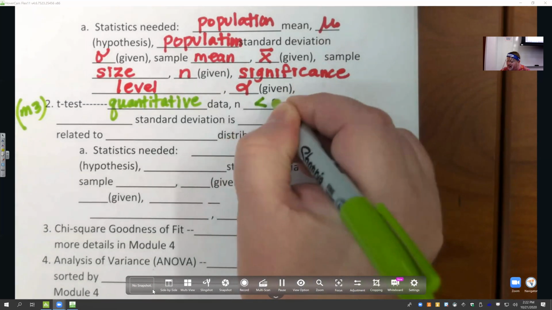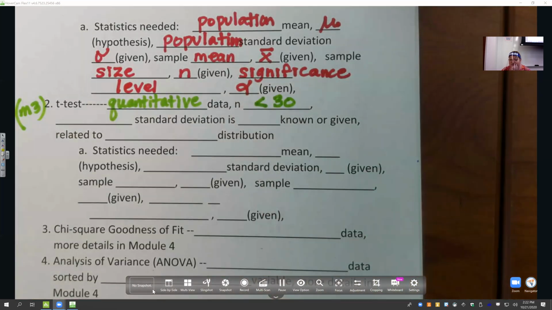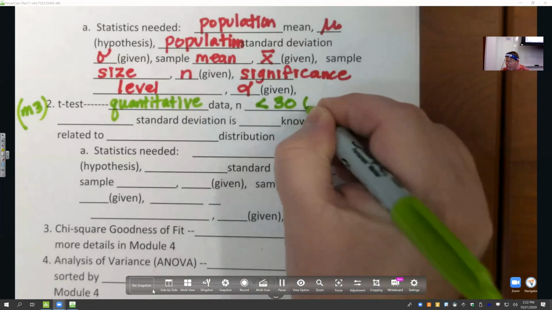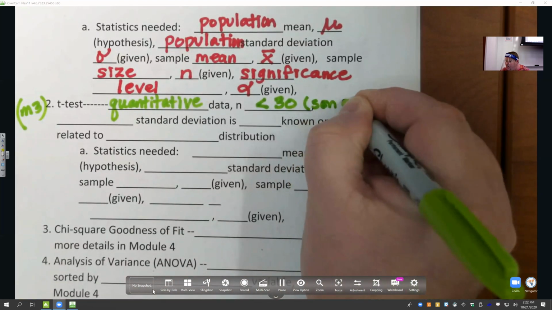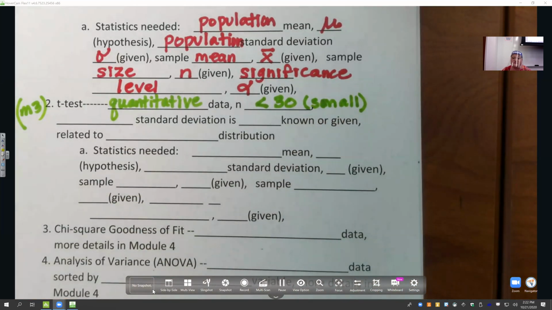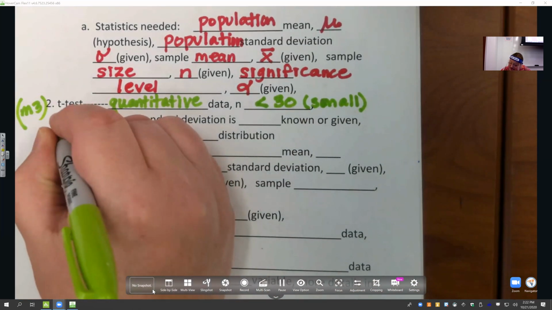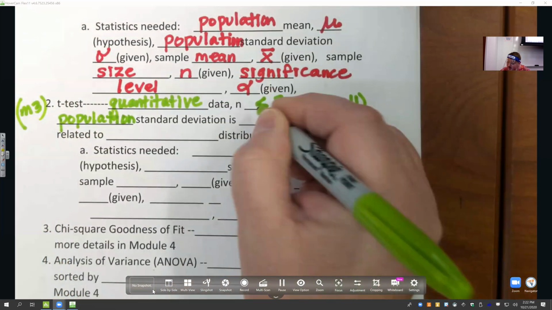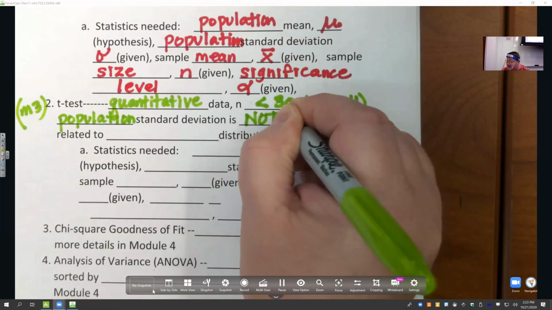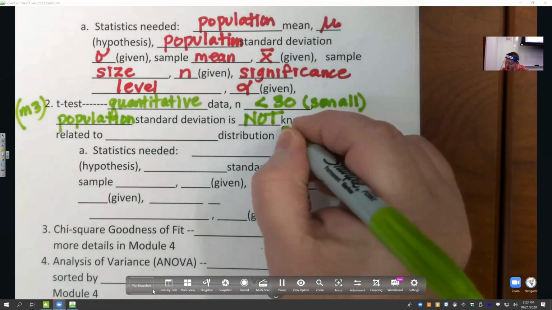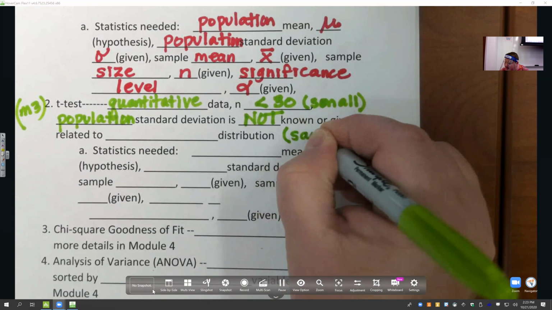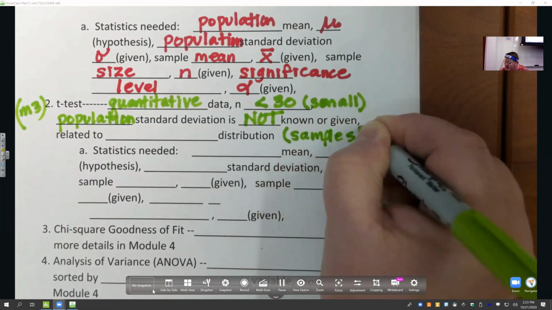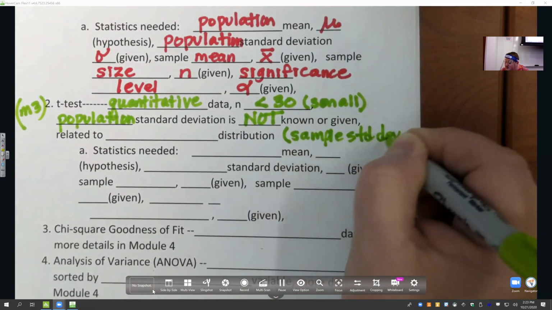Your sample size is less than 30, which means we have what is termed a small sample. For the t-test, the population standard deviation is not known or given. Typically, you will have the sample standard deviation.